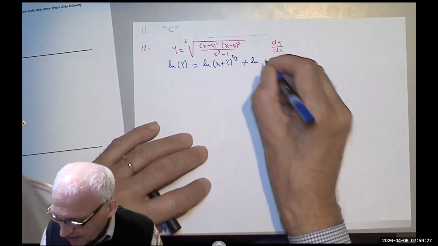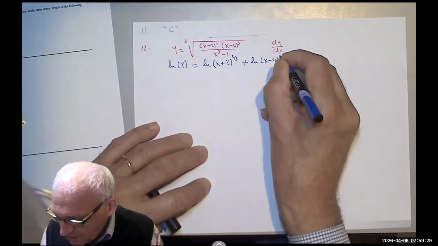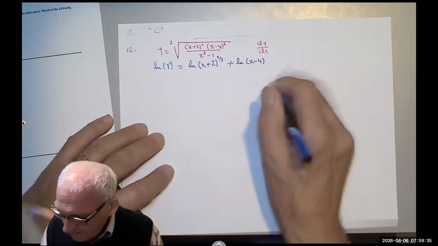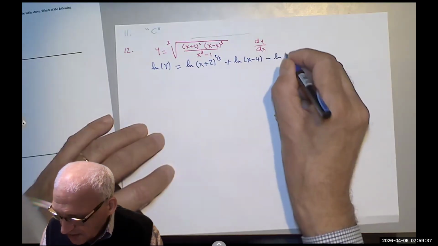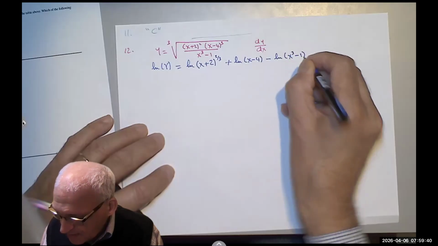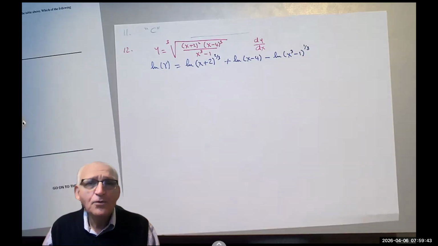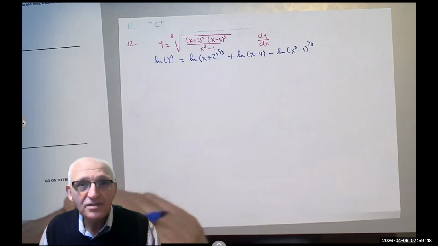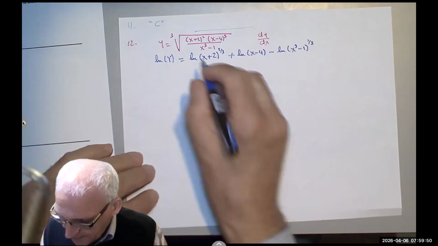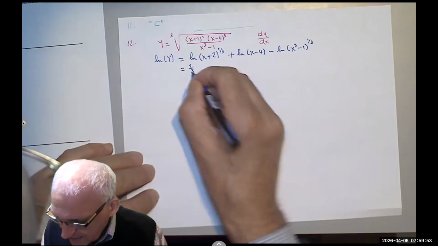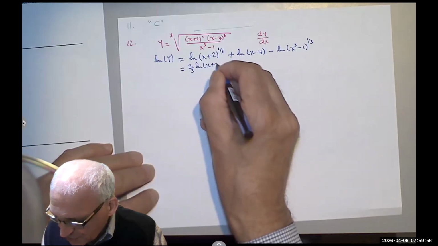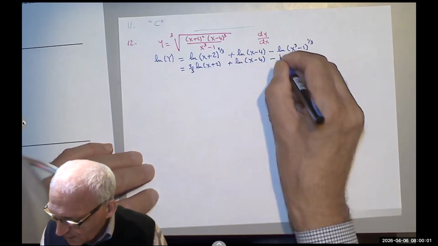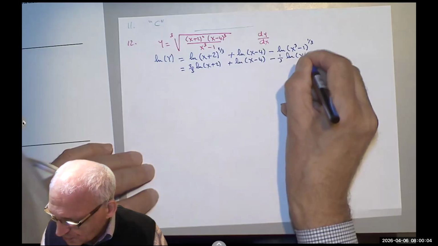So plus natural log of x minus 4, it's 3/3, right? So it's 1, minus natural log of (x cubed minus 1) to the 1/3. As I said, we can simplify that by bringing the power out as a multiplier, so that becomes 2/3 natural log of (x plus 2) plus natural log of (x minus 4) minus 1/3 natural log of (x cubed minus 1).